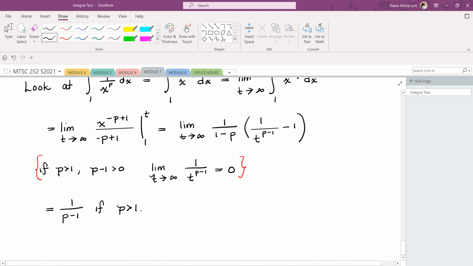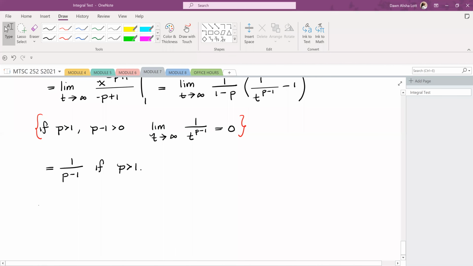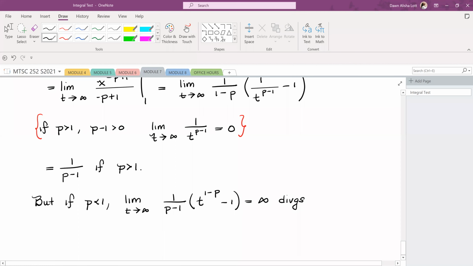But if p is less than 1, then the limit as t goes to infinity of 1 over 1 minus p times t to the 1 minus p, minus 1, is equal to infinity, and that diverges. Okay, so now we have a rule.